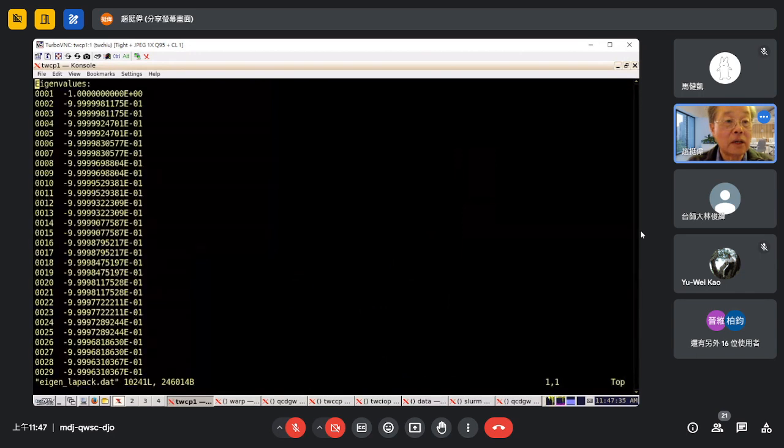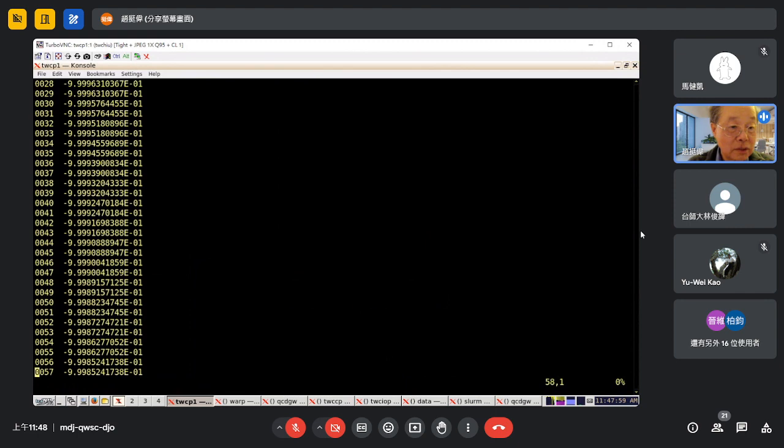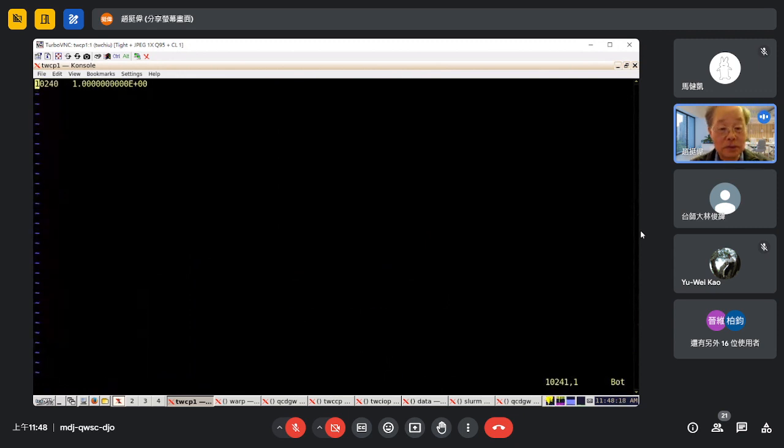So these are 10240 eigenvalues. They are from -1 to +1, I think. There's a symmetry, so -1 to +1.